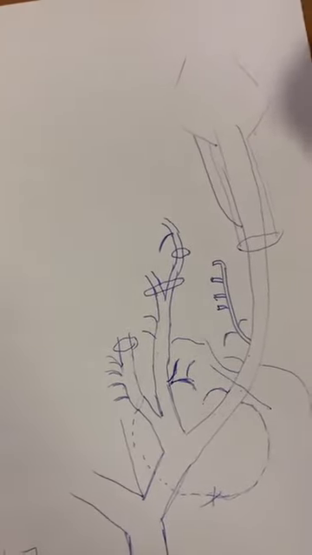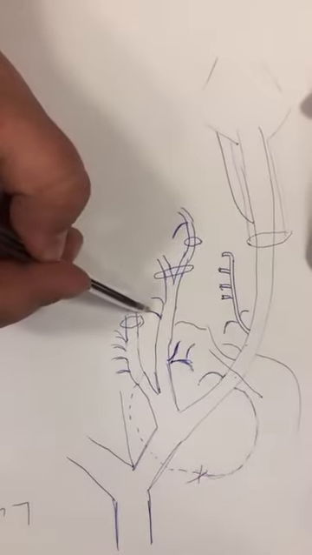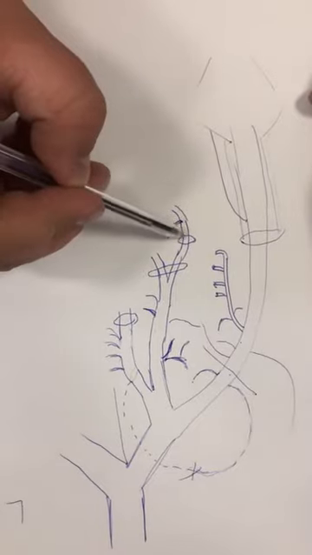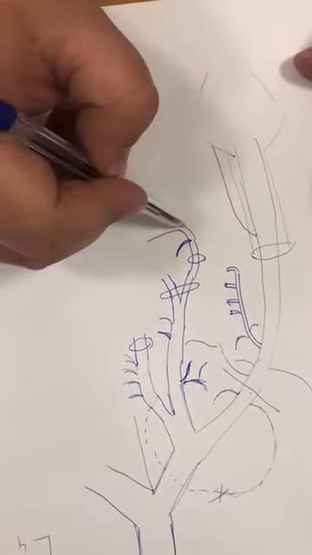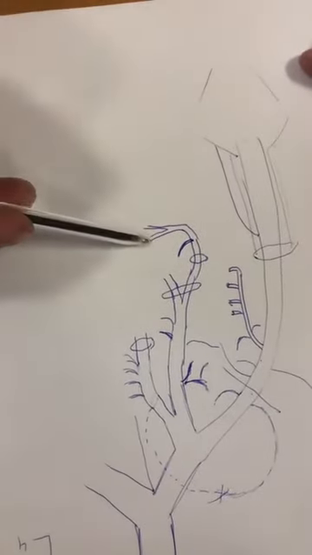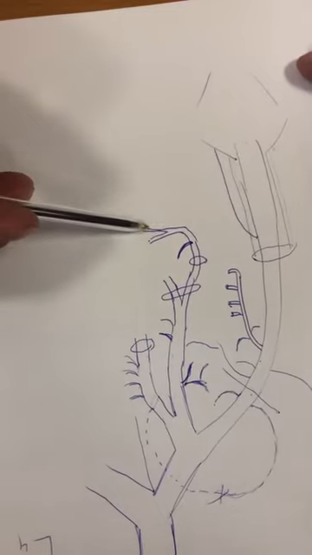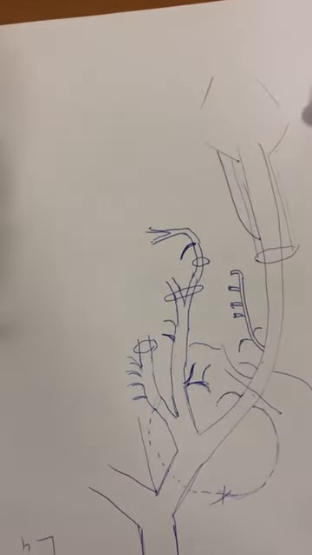Rectalis superior from mesenterica inferior, rectalis media from iliaca interna, and rectalis inferior from pudenda interna. And terminal branches of arteria pudenda interna are arteria profunda penis and arteria dorsalis penis, or in female, arteria profunda clitoridis and arteria dorsalis clitoridis.